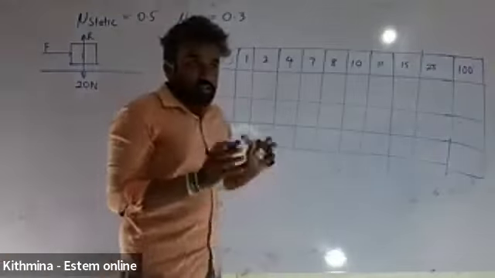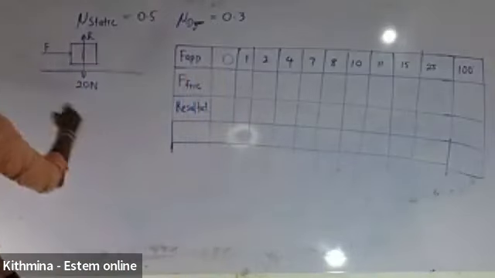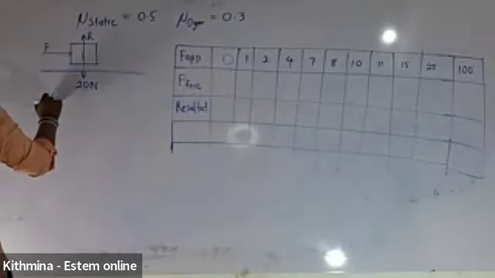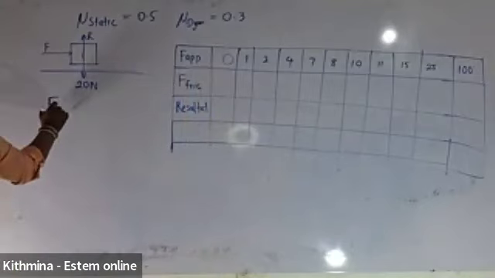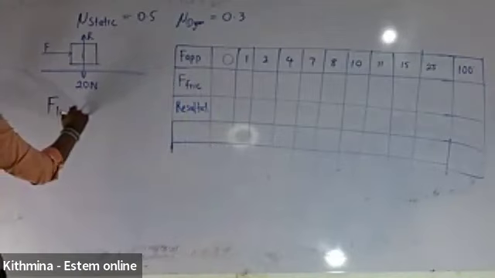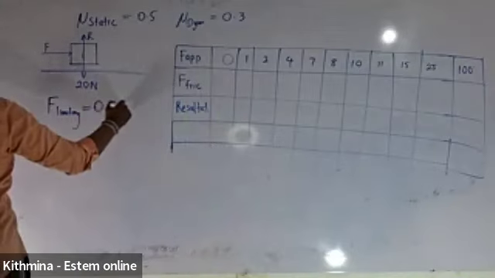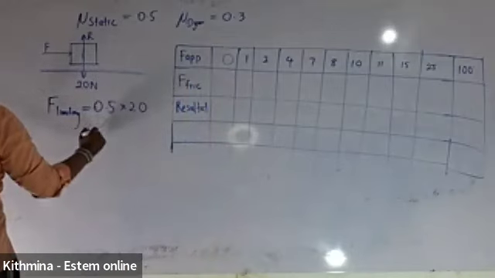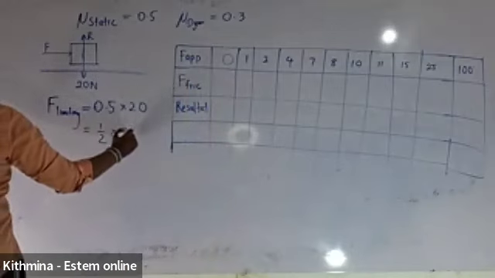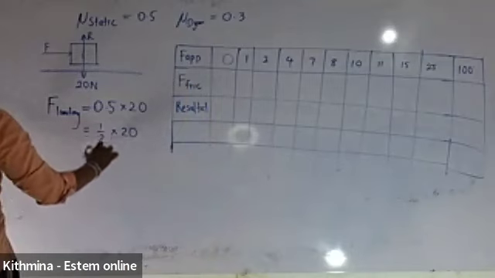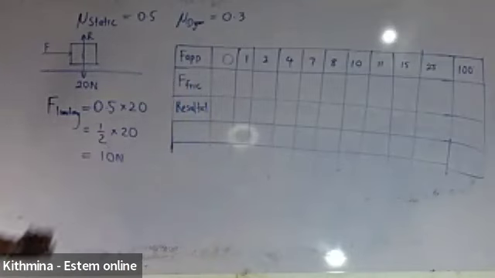Okay. First of all, we should find F limiting frictional force. How do we find that? F limiting equals mu static into R. We know R is 20. 0.5 is half, and half of 20 is 10 Newton.